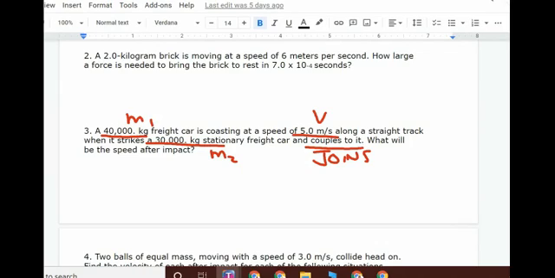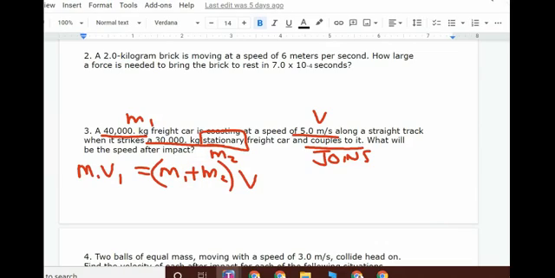It's not very clear that they're going in opposite directions, but let's see. Oh, yes, right. Thank you for that. Okay, so the only thing with momentum is the freight car, and then they join.